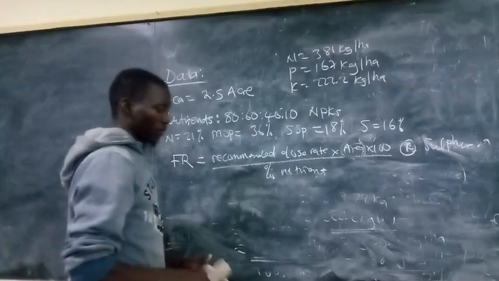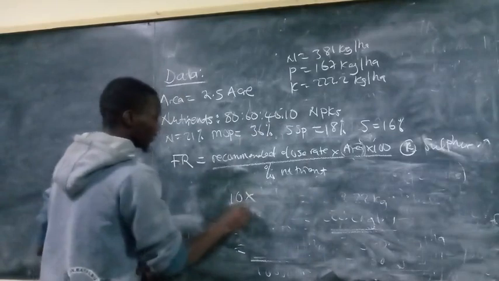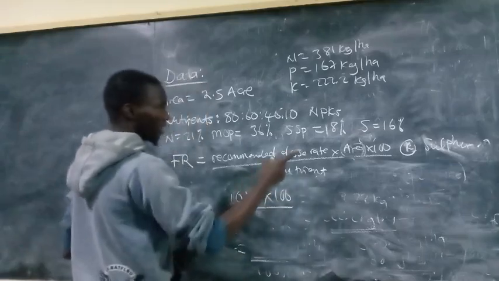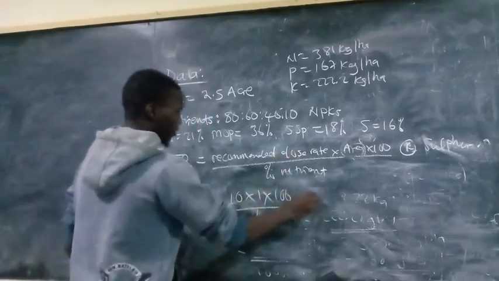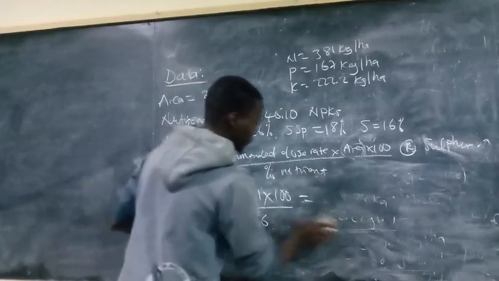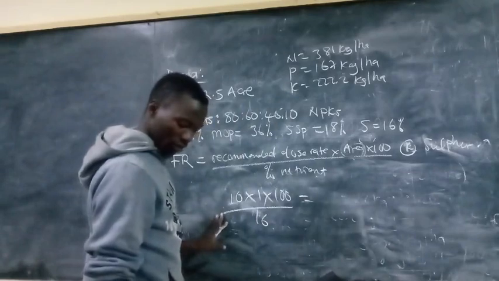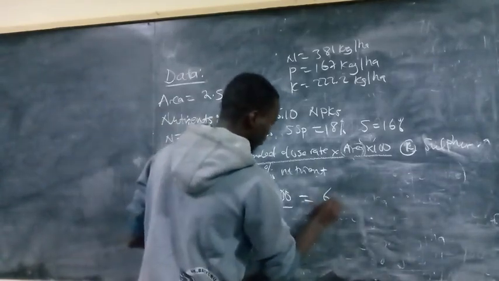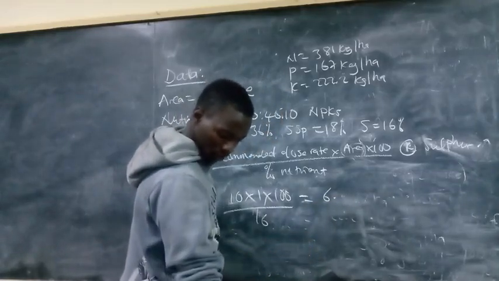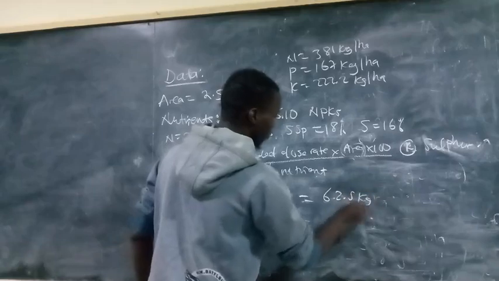So calculating for sulfur, the recommended for sulfur is 10 times, I'm using 1 as my A, I've already explained that, 100, divide this by 16. So when we do the calculation here and do the division, we get a number that is about 62.5 kg.